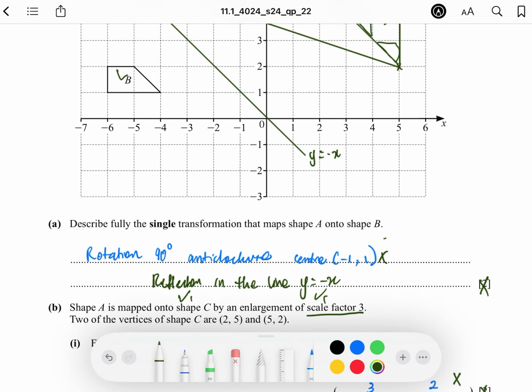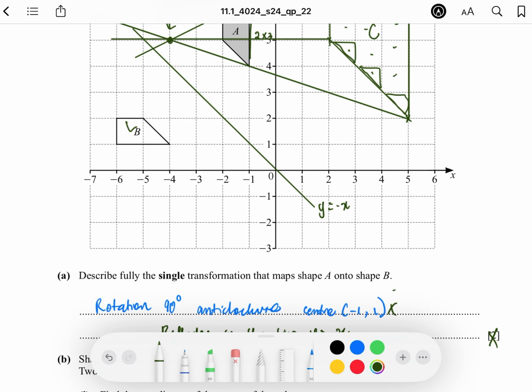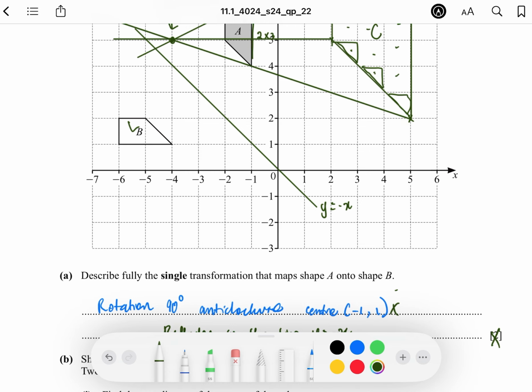Using these coordinates, plot it here. So we have minus 4, minus 1, minus 6, minus 1, minus 5, minus 2, minus 6, minus 2. So using your ruler, join this, and this is shape D.